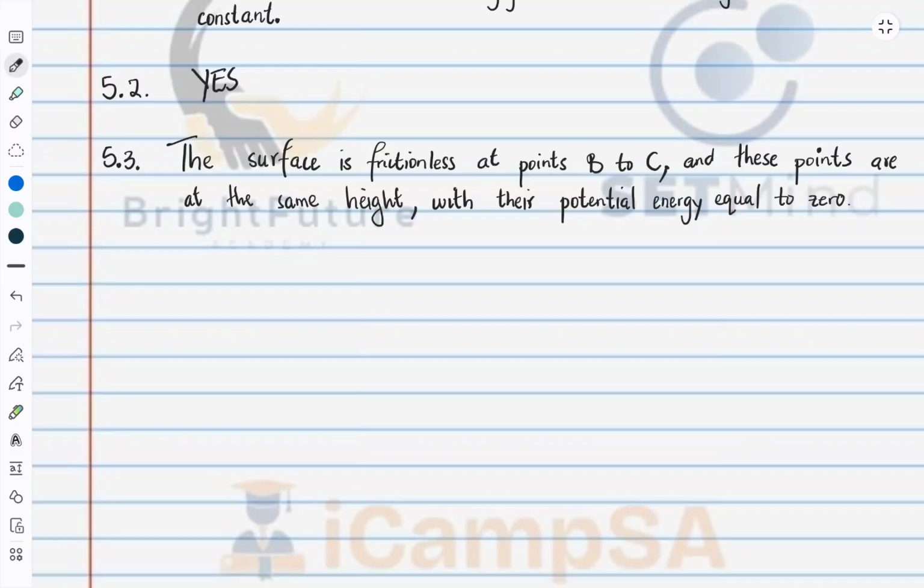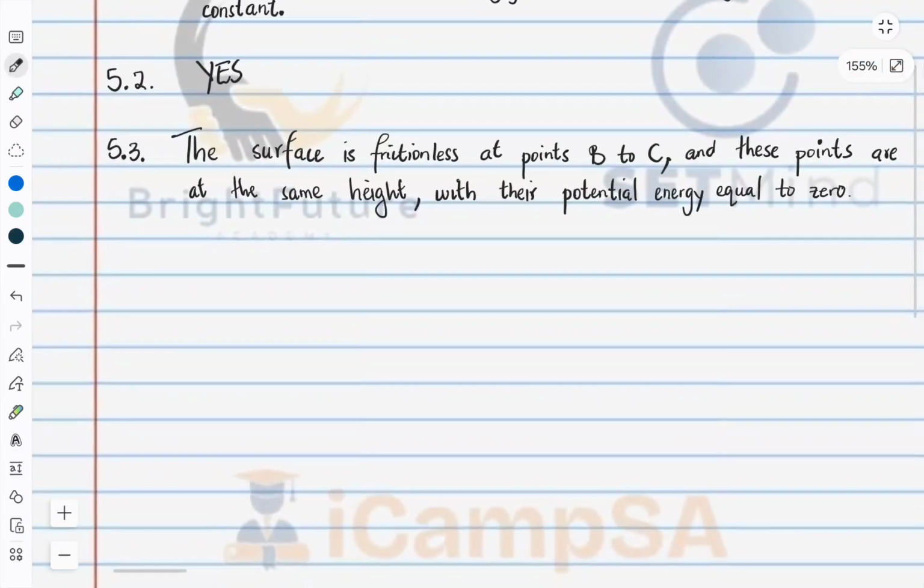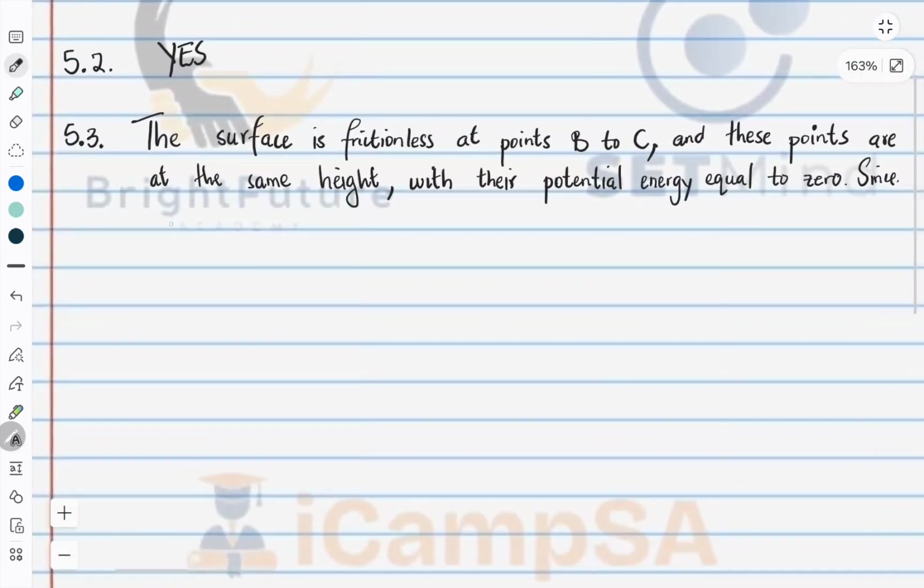So there's probably a shorter way of putting that since this is just a 1-mark question. So since, let me just drag it, it's fine. You will find a shorter way, but this is the idea, okay? Is conserved.